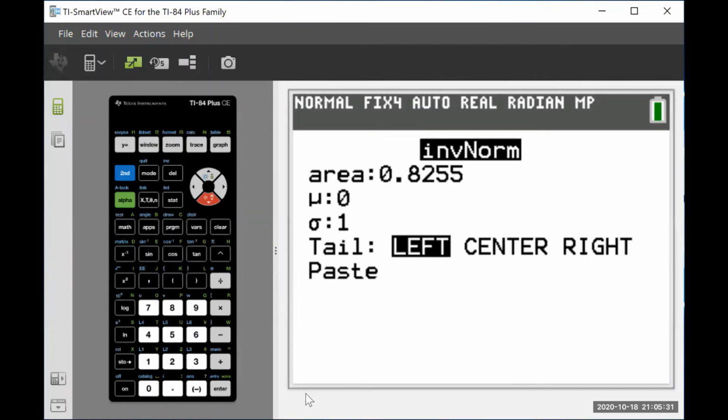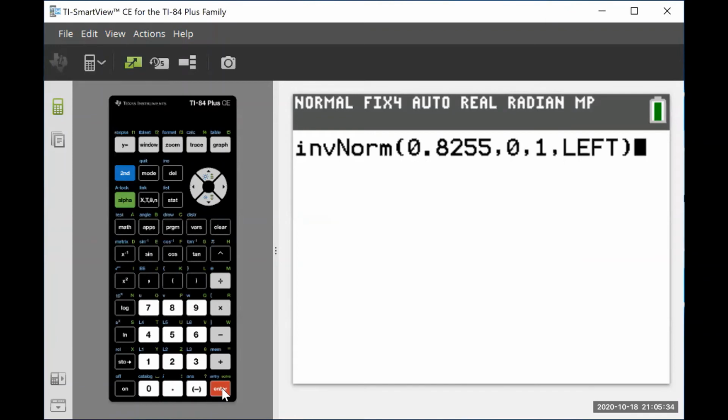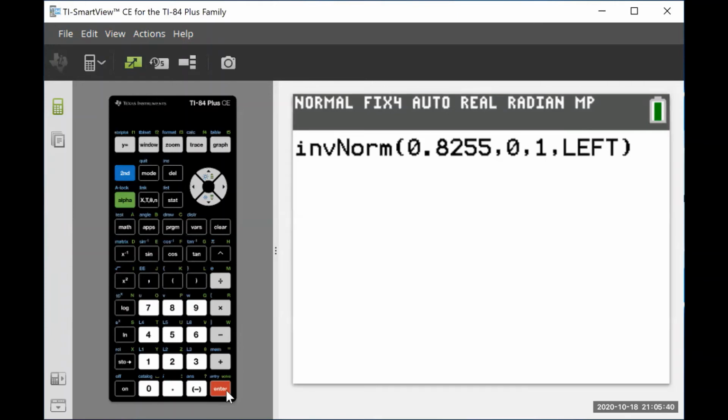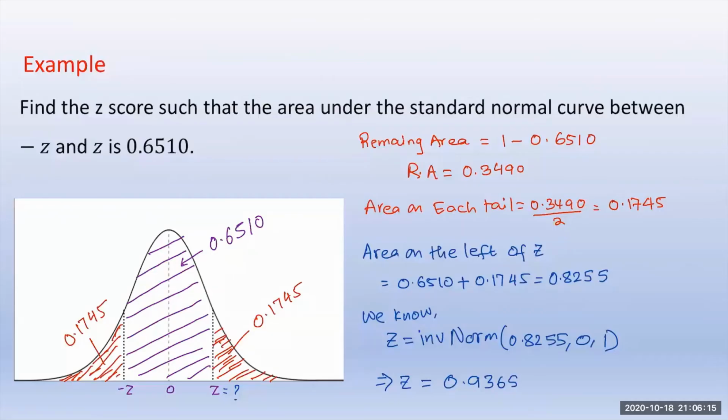Now paste this information in the main screen. If you don't have left, right, or center, this will not be there in your calculator, and that's totally okay. Hit enter to get the result. It is 0.9365. So using the TI-84 calculator, we get the z-score, which is z equal to 0.9365.